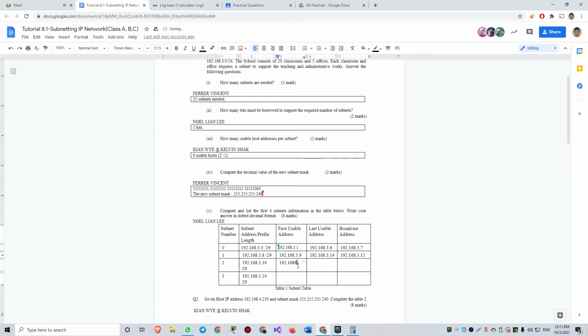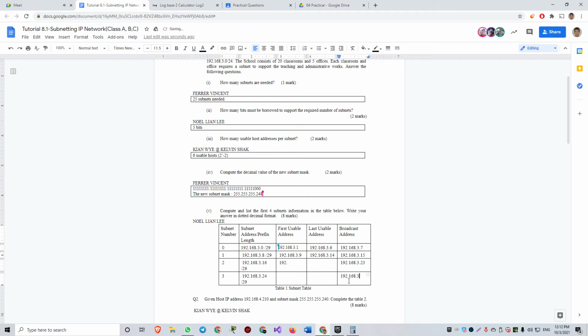Do the broadcast first. This ensures you don't make a mistake. Do the last broadcast address. Can you do the last broadcast address first?